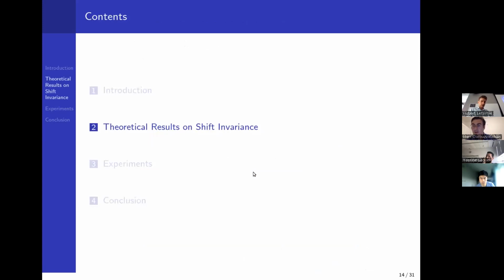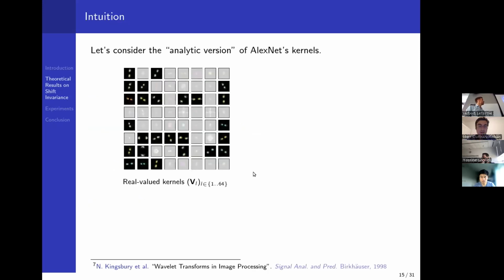Now, let's delve into our theoretical results about shift invariance. Just to give an intuition about what we are doing, we consider the discrete Gabor-like filters of ImageNet, those ones.